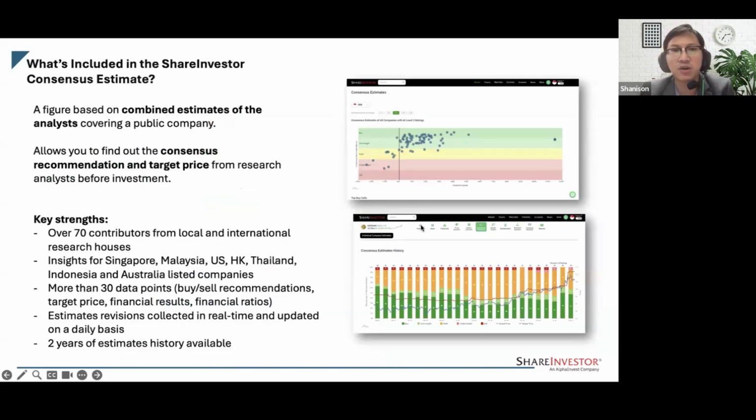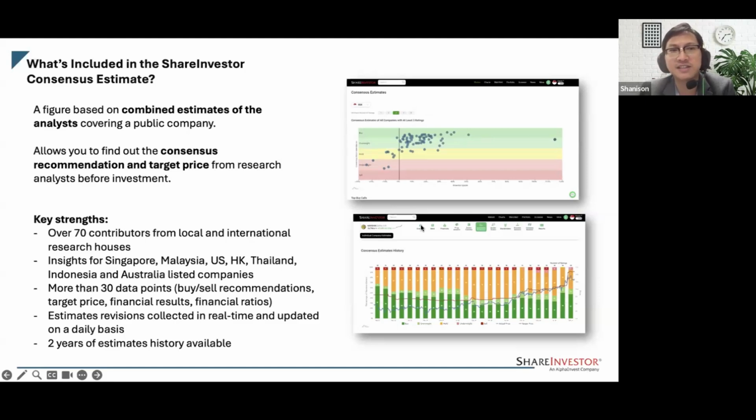That is considered one research report. They will tell you their analysis of the company and their target price for the company as well. But consensus estimate is not just looking at one research report; it combines all the research reports issued by the research analysts for each individual company.